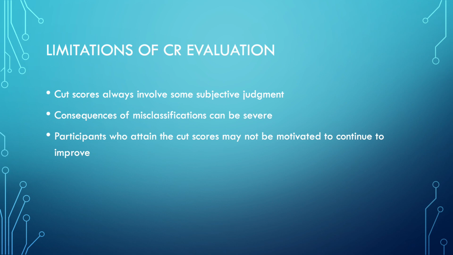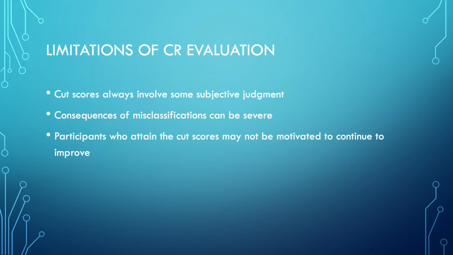While there are a lot of advantages, there are still some limitations of criterion referenced evaluation. The first is that cut scores always involve some sort of subjective judgment. We can try to make them as objective as possible, but there's always some subjectivity. The consequences of that misclassification can be severe.